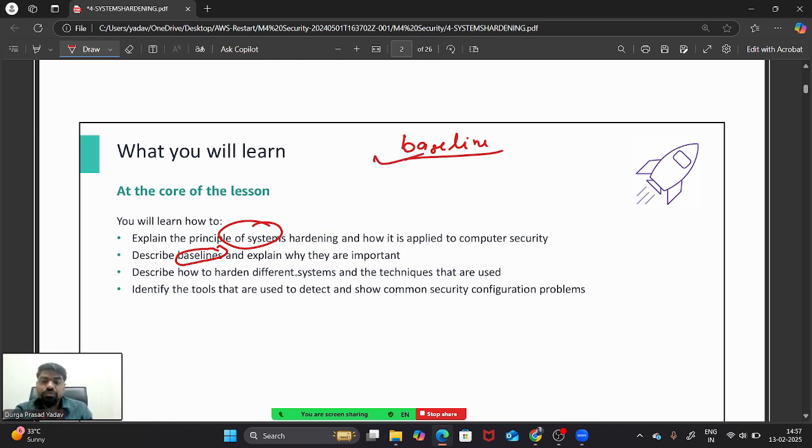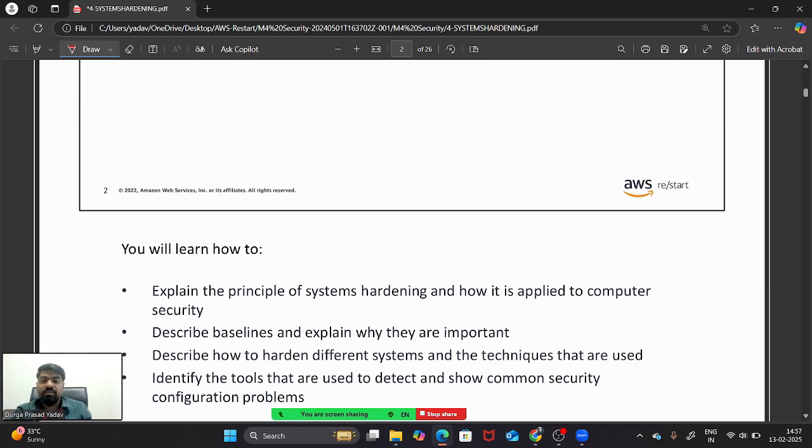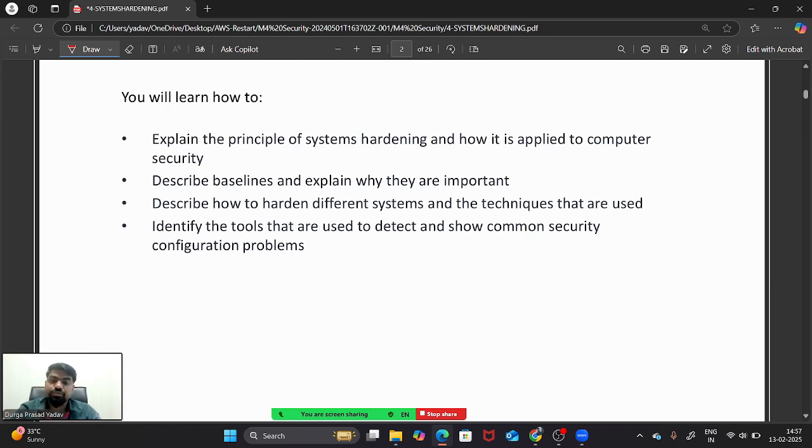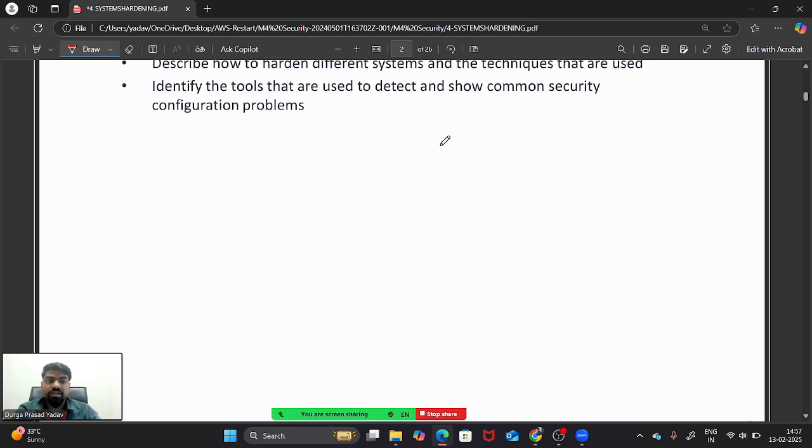And how you are going to harden different types of systems, and what techniques you are going to use to harden the system. There are also some tools that will be used in the cloud that we will be learning, meaning under AWS, what tools we are going to use to protect systems, we will be learning in the same.